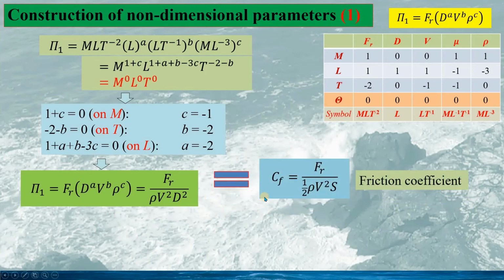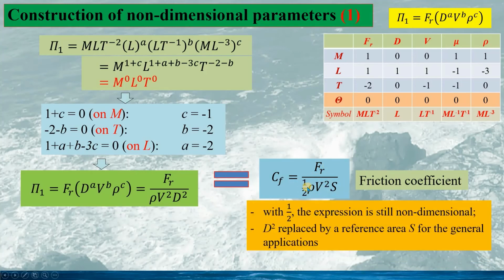And this is actually very similar to the conventional friction coefficient, Cf, defined by the friction divided by this expression. We see 1 over 2 here, but 1 over 2 is a constant, so the expression should still be non-dimensional.